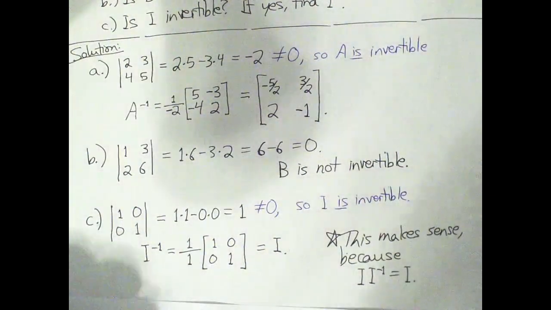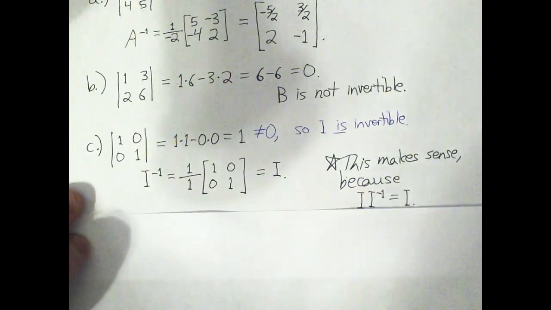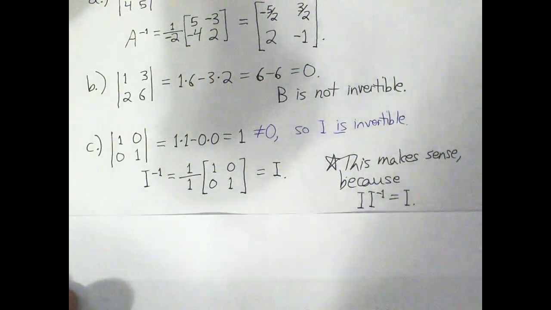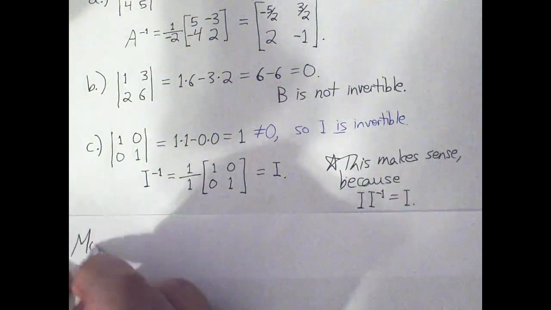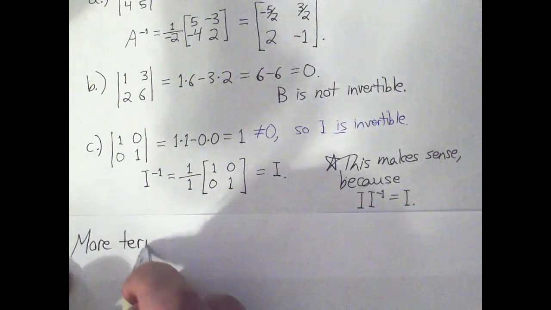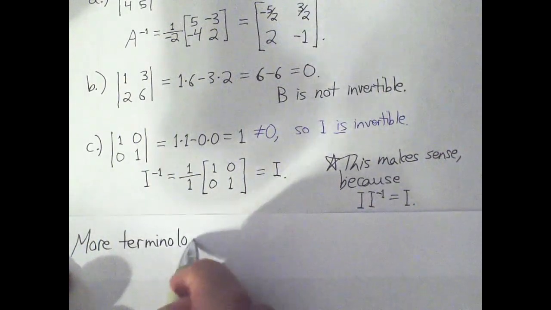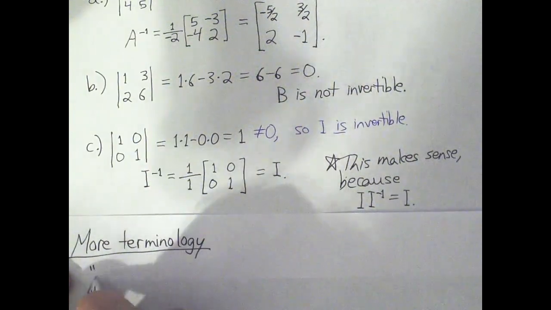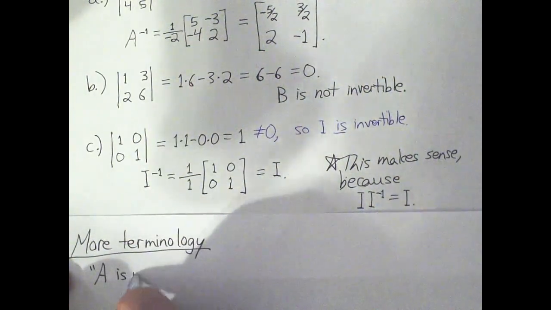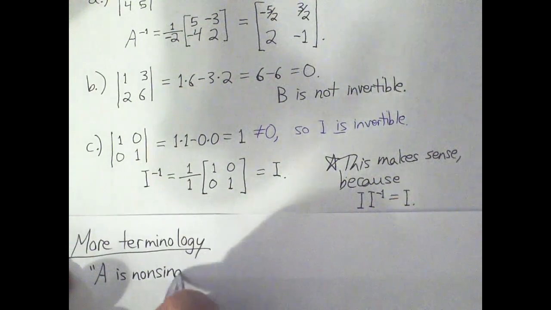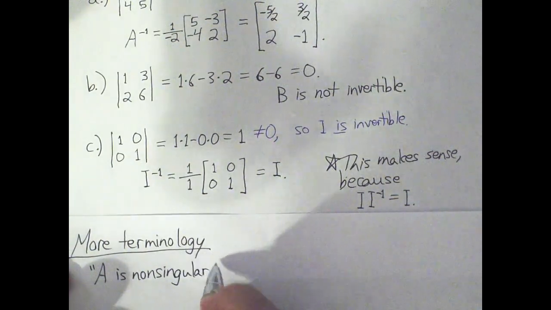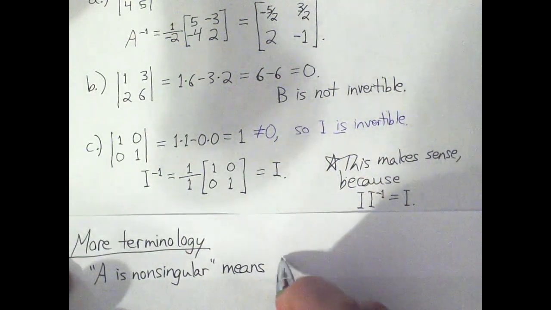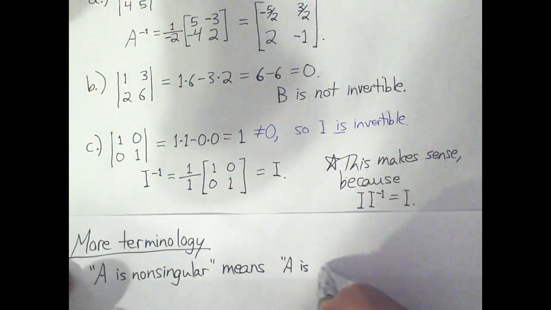But let's move on. So we know how to find the inverse of a 2 by 2 matrix if it exists. We know about the determinant, and I have a little bit more terminology to tell you. The phrase "A is non-singular" means A is invertible.